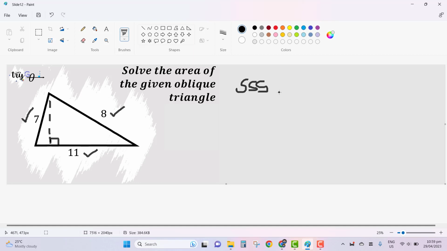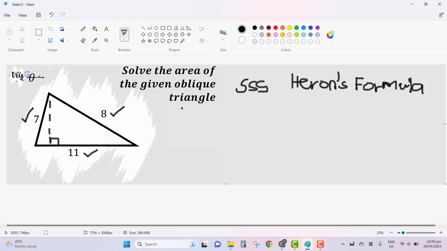And in solving the area of the oblique SSS triangle, we are going to use the Heron's formula. This Heron's formula uses the available measurements of sides and subjects it into a series of mathematical operations which will involve us to solve for the intended area.